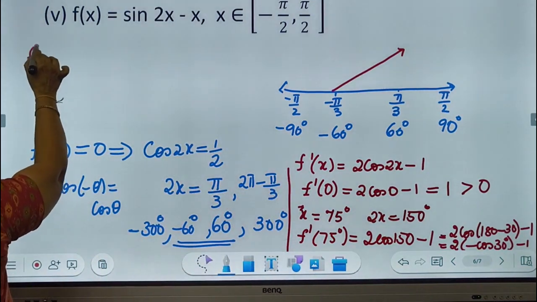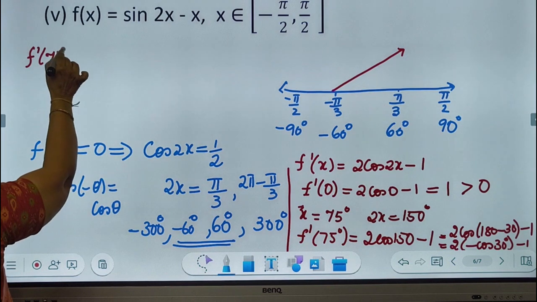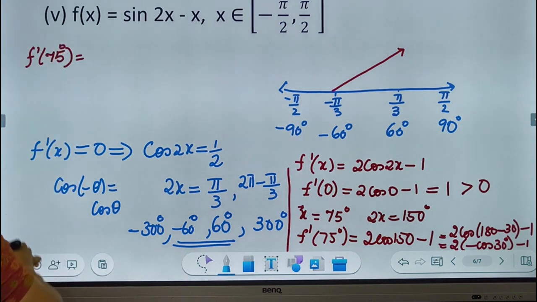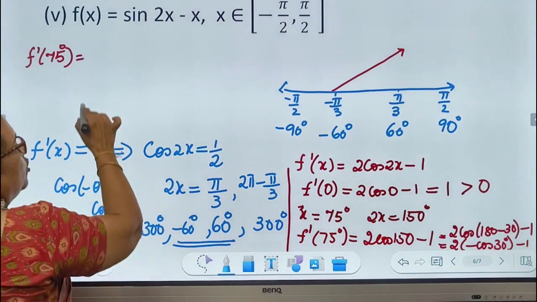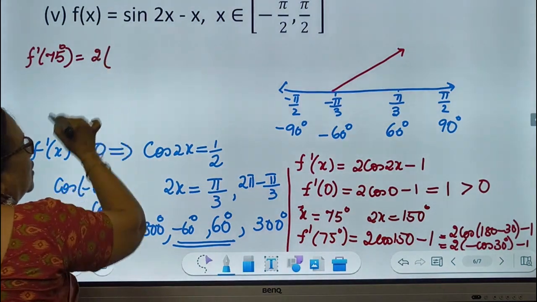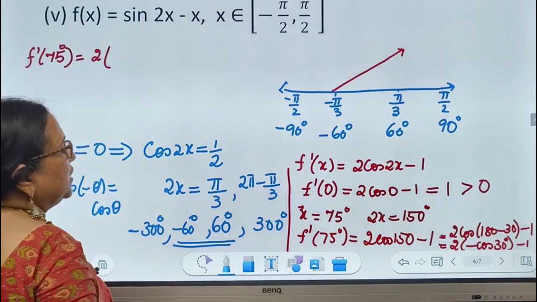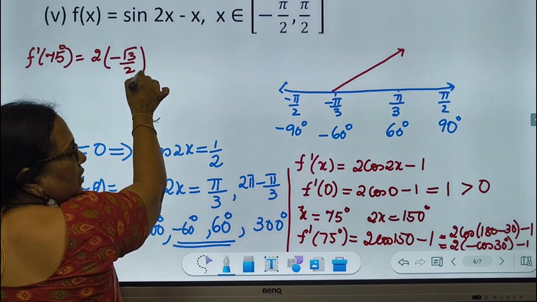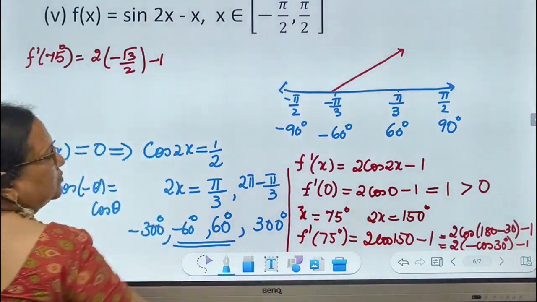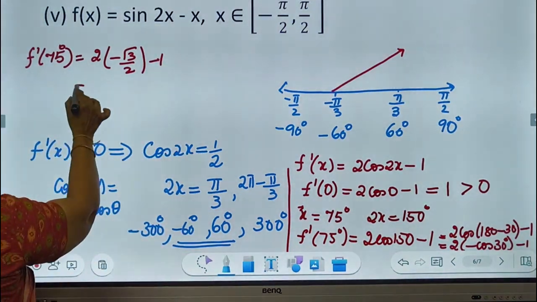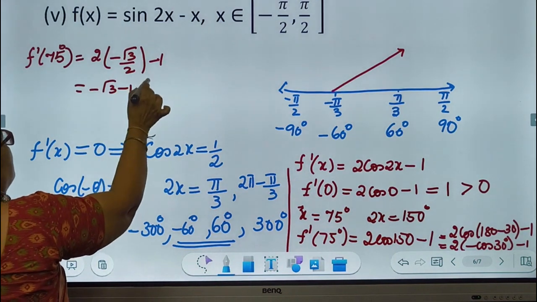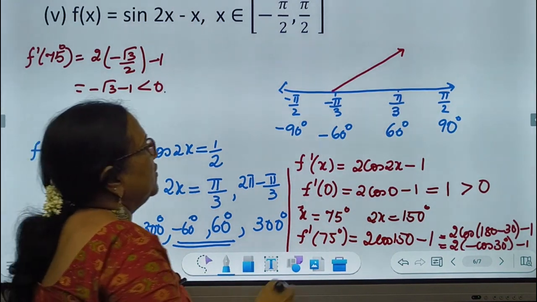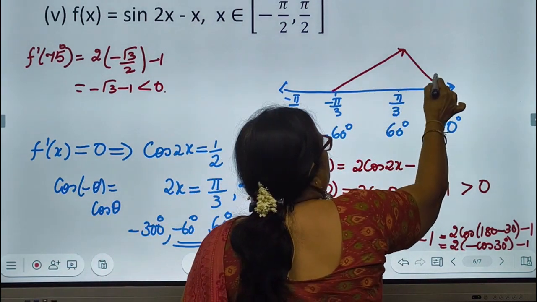So f dash of 75 degrees is equal to 2 into minus root 3 by 2, minus 1. This is minus root 3 minus 1, which is less than 0. So the function is decreasing.